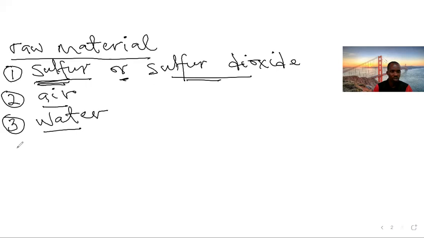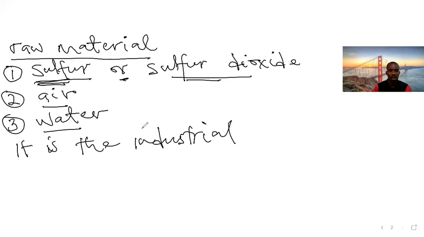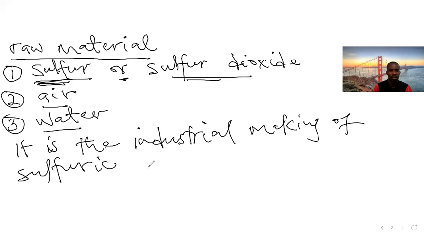So what is the contact process? The contact process, I've said, is the industrial making of sulfuric acid.